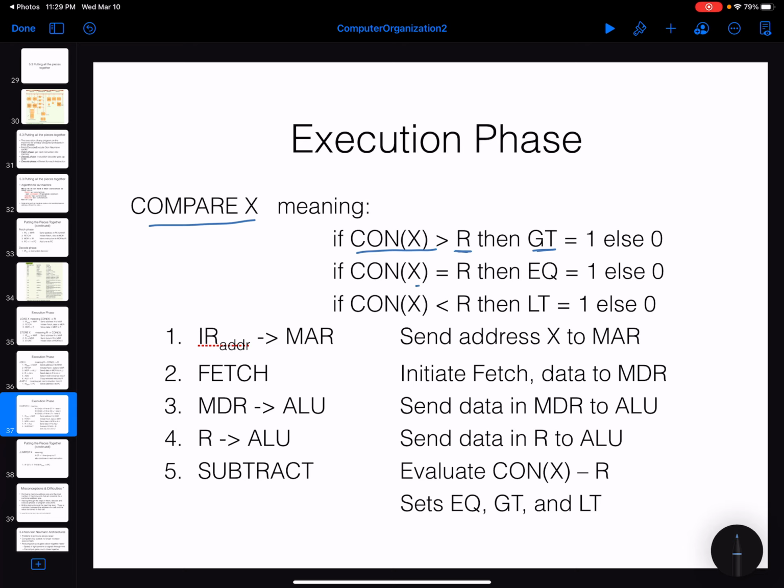If it is equal, the EQ register will be 1, the rest of them will be 0. If it is less than, the LT register will be 1, the rest of them will be 0.